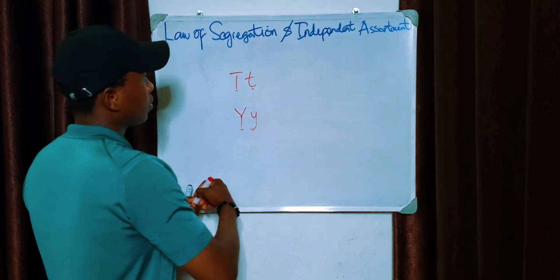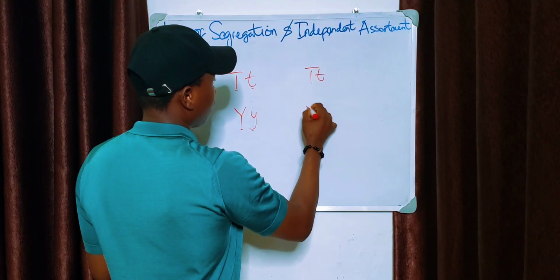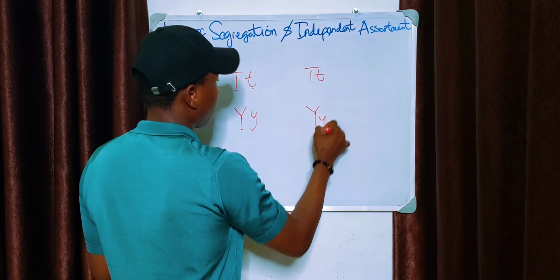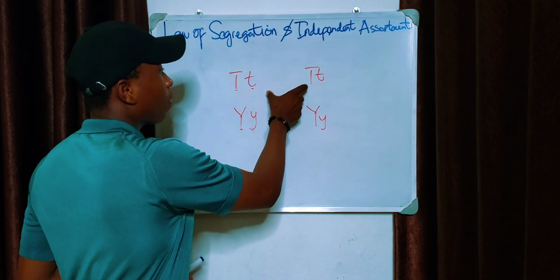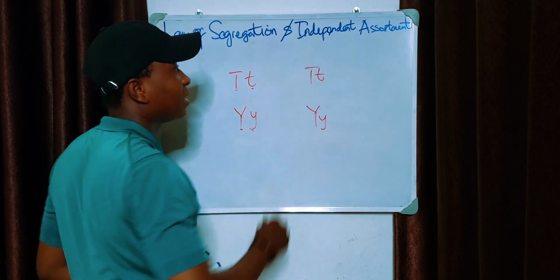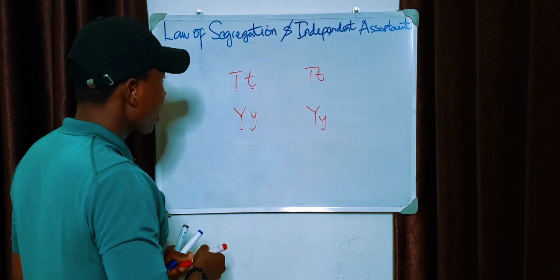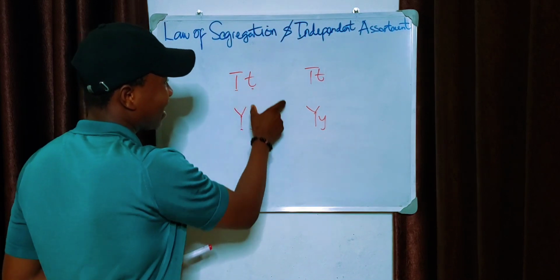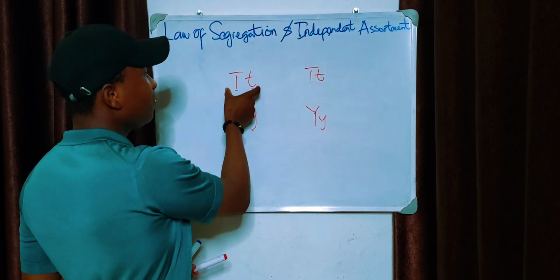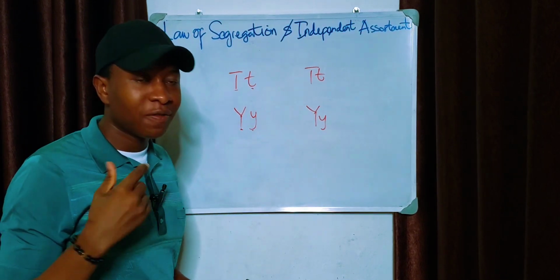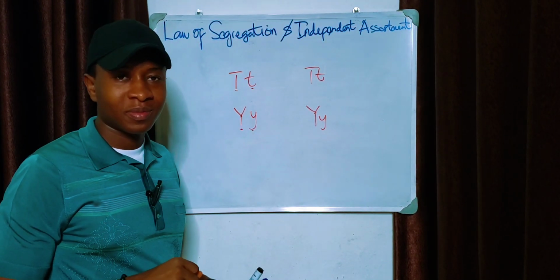Let's also do that for the corresponding organism. Now, what the law of independent assortment says here is that whenever there is a segregation, whenever there's a transfer of genes, the gene for height does not influence the gene for color.